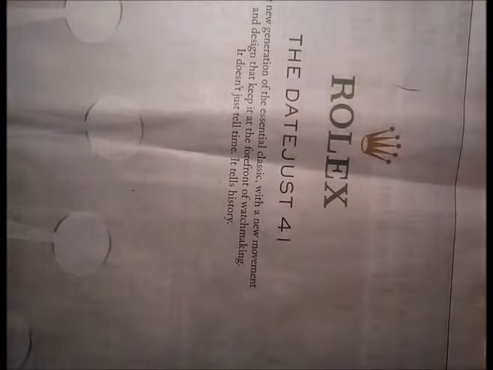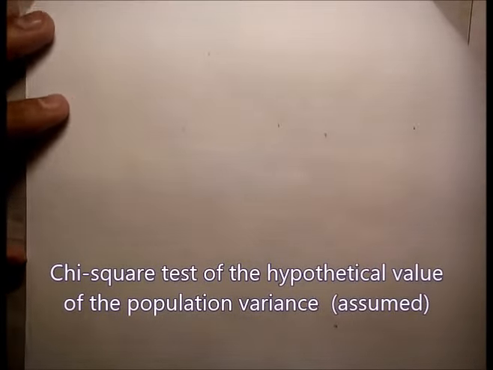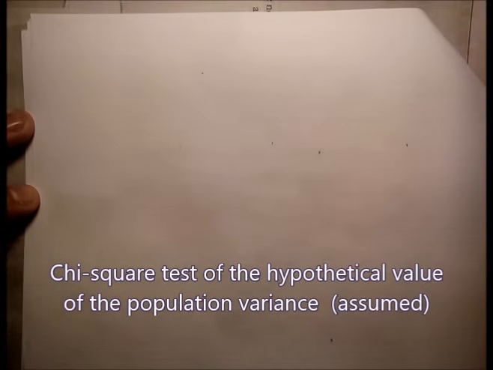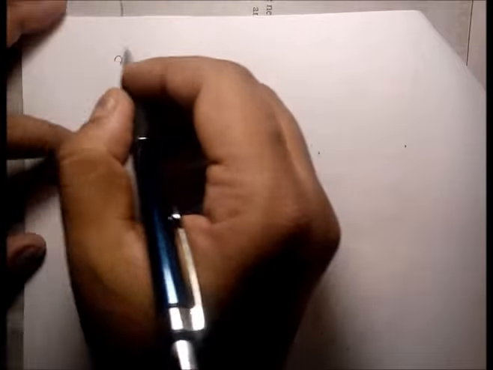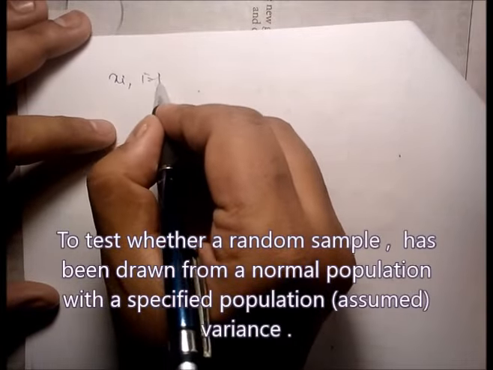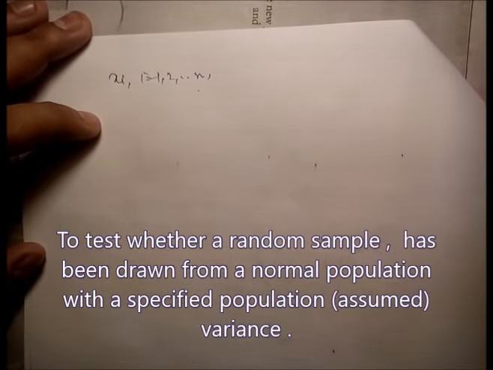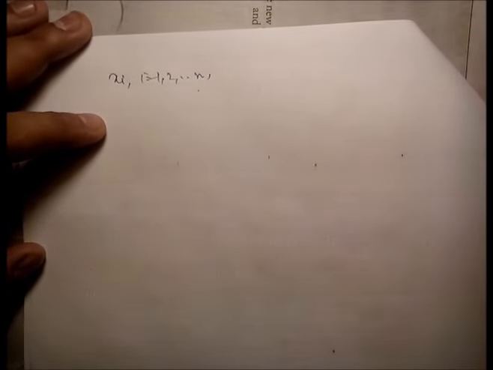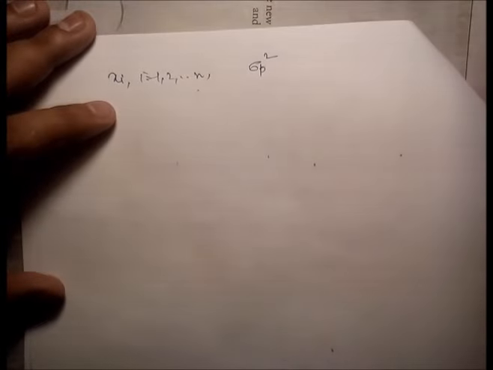Next, chi-square test of the hypothetical value of the population variance. To test whether a random sample xi, where i is equal to 1 to n, has been drawn from a normal population with a specified, assumed population variance, say sigma p square.